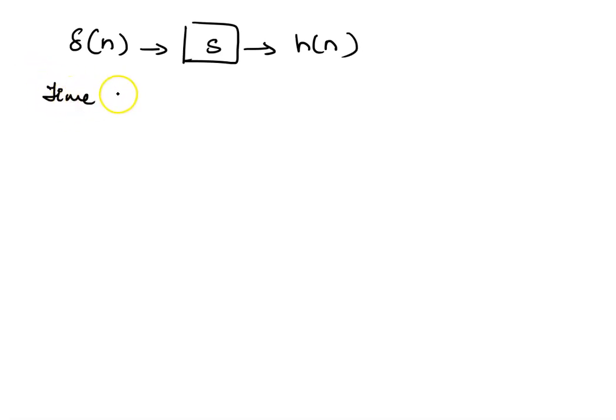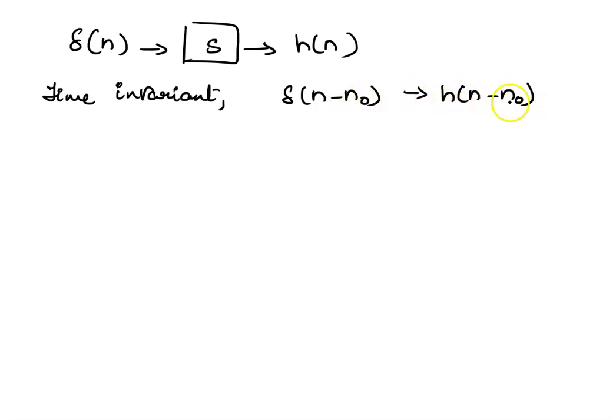Let me assume that if del of n is given as input to a system S, then h of n is the output. If I assume that the system is time invariant, then del of n minus n naught will give the output h of n minus n naught. I hope all of you understand that.